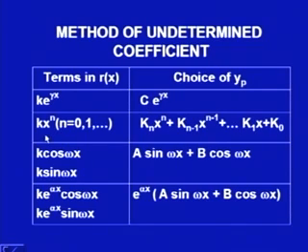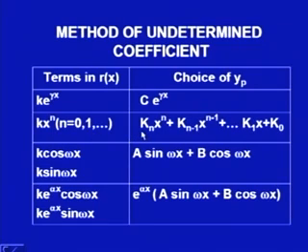Similarly, if R x is of polynomial form, here I have written only k times x to the power n. It is not necessary; it may be a general polynomial, that is, k n times x to the power n plus k n minus 1 times x to the power n minus 1 and so on. But whether it is a complete polynomial or not does not matter.